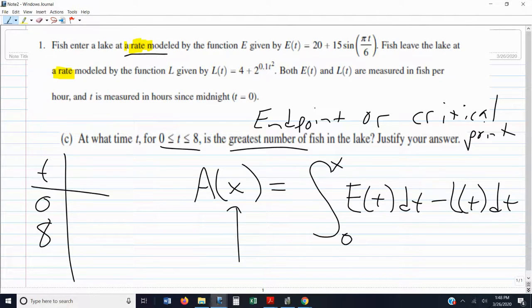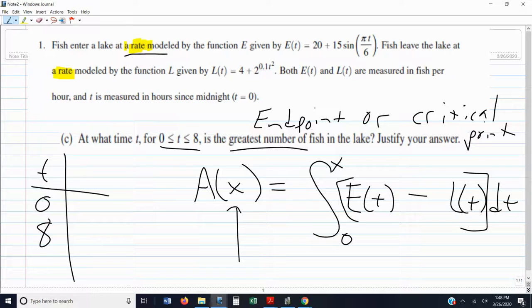You can have two separate integrals for this, but for typing it in the calculator, it's going to be easier to just have one. So for both of these functions, since they were the rate fish are entering and leaving, the antiderivative gives us the amount entering and the amount leaving. And we saw some of that yesterday.